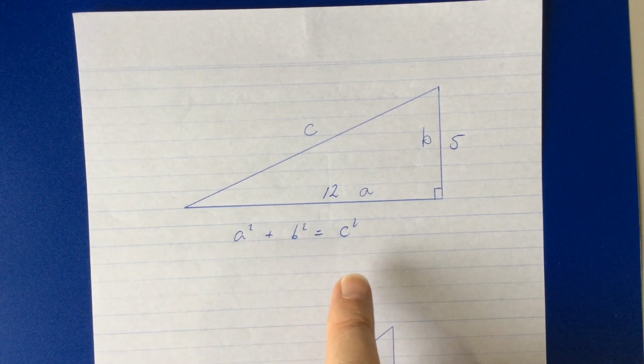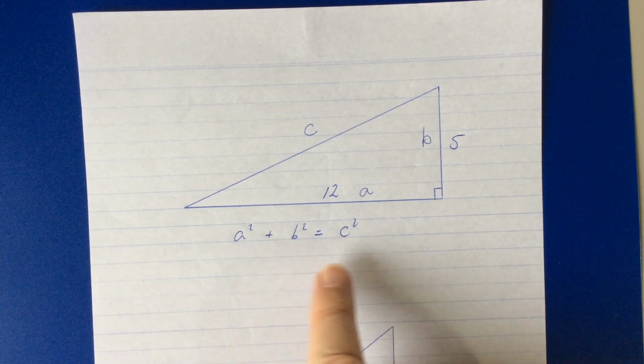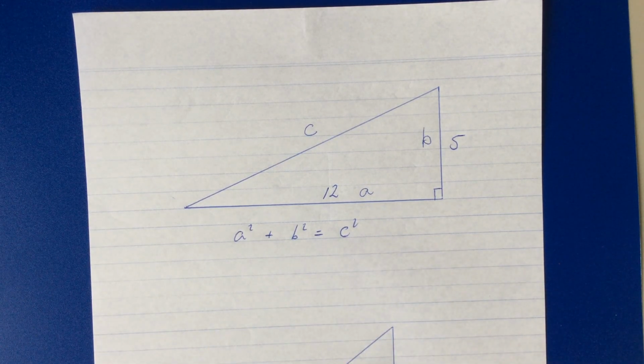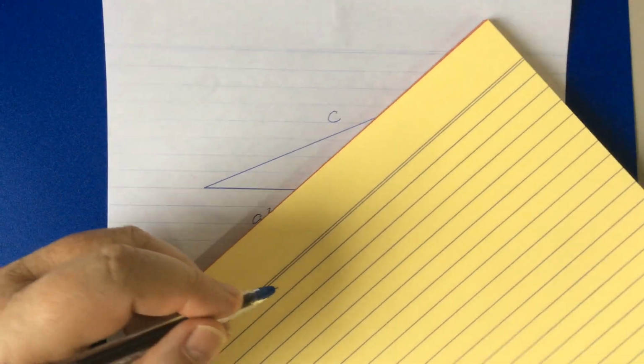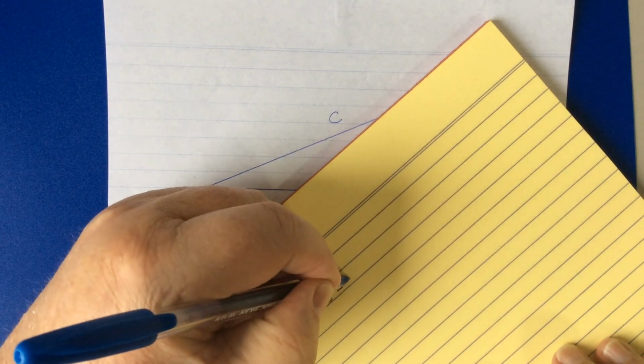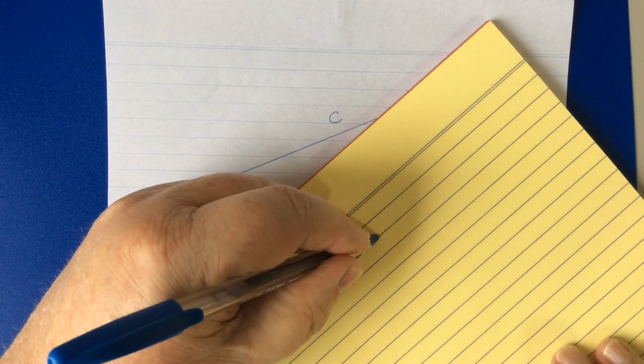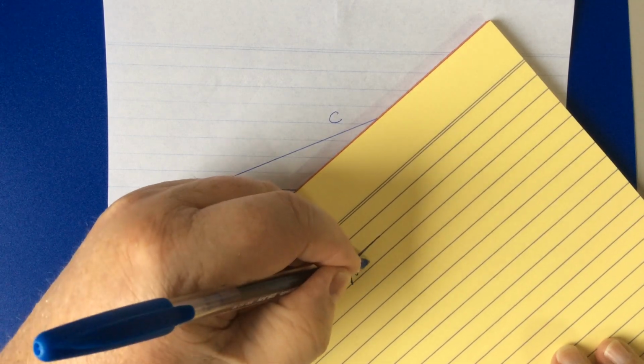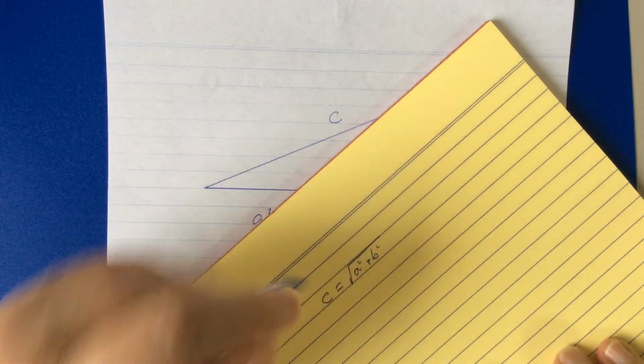This is the basic theoretical formula, the theorem. And what we're going to do is, C is equal to the square root of a squared plus b squared.